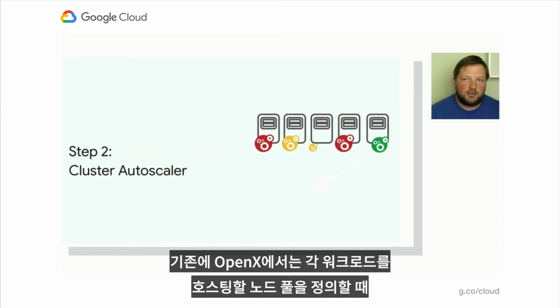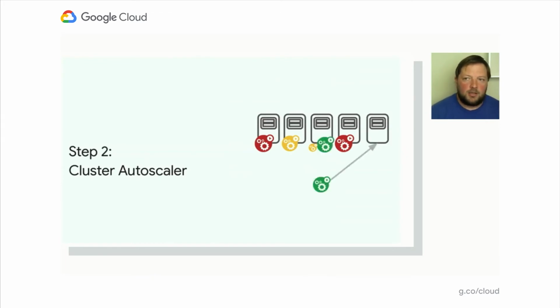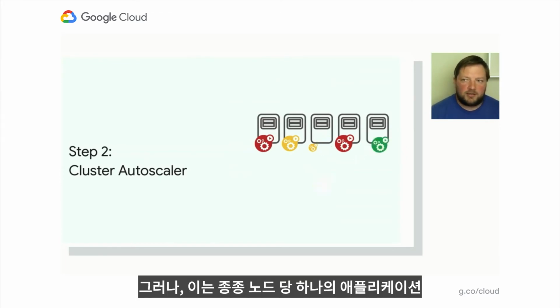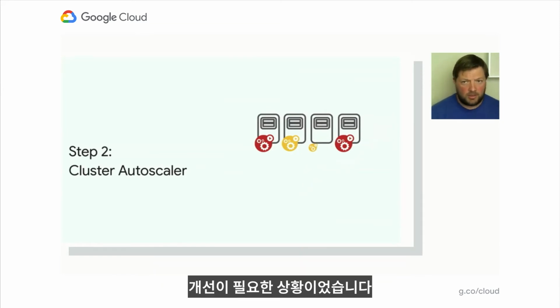At OpenX, we started with very prescriptive model when we defined exactly what node pool will host each workload. However, that often meant that there is only one application pod per node.